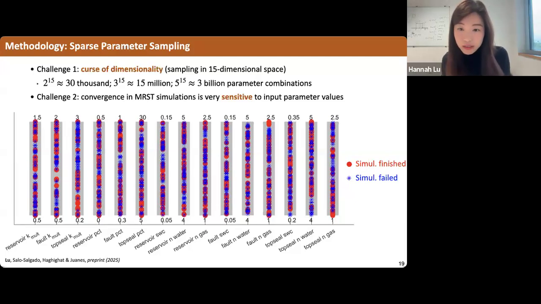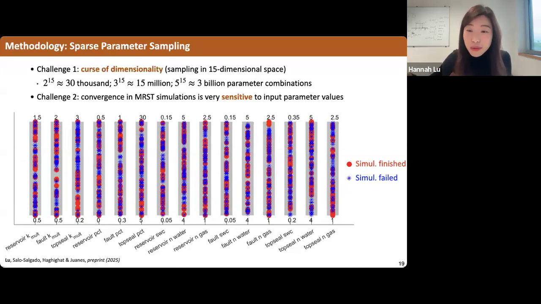The other challenge is this experiment is conducted in ambient pressure condition, and the buoyancy of CO2 at this condition makes it very challenging for simulations to converge. And this is a plot of the combination of the 15 parameters that leads to simulations to complete and not complete.